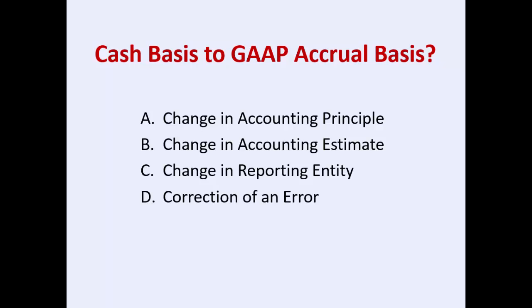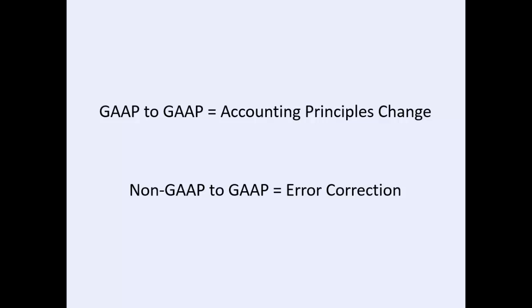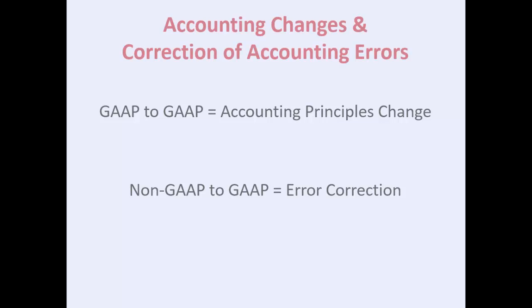Is it a change in accounting principle, an estimate, an entity, or is it an error? Well, cash basis is not GAAP, so technically you were doing things wrong all along. So changing to GAAP is correction of an error. GAAP to GAAP, that is an accounting principle change. A non-GAAP to GAAP, that is an error correction.